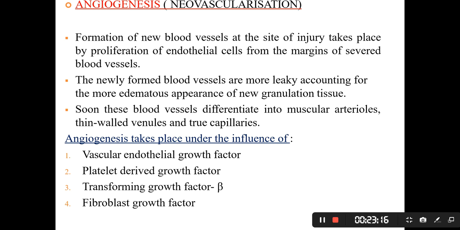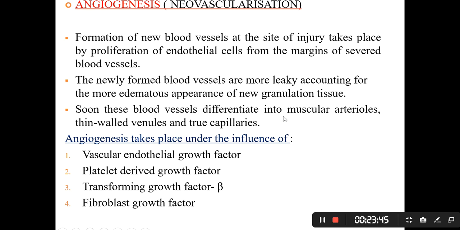So newly formed blood vessels are more leaky, accounting for the more edematous appearance of new granulation tissue. So granulation tissue looks red because of more new blood vessels, and it looks edematous because the fluids are coming out, because the vessels are new, they are not that intelligent. Soon these blood vessels differentiate into the muscular arterioles, thin walled venules and true capillaries.